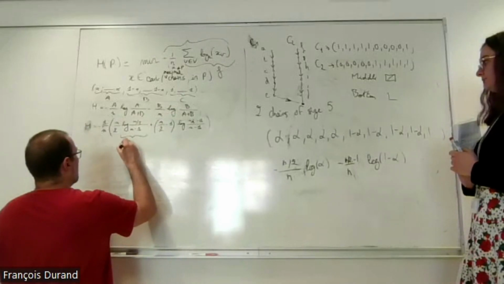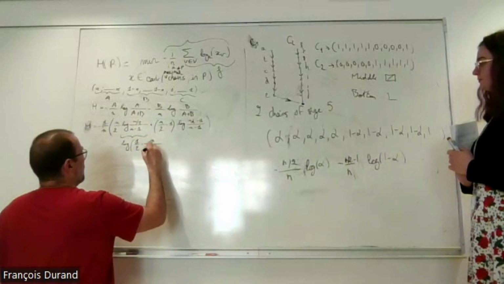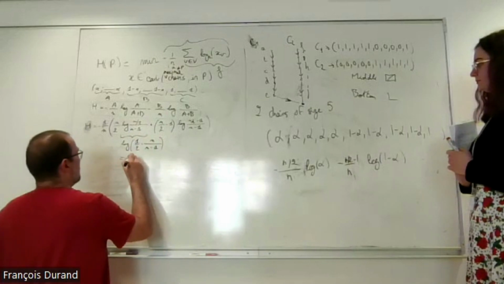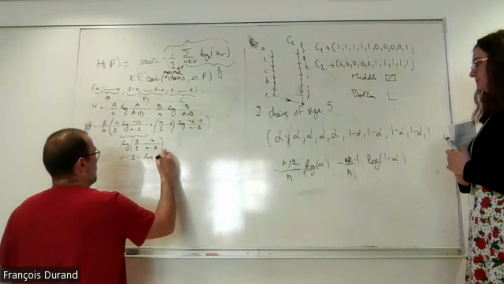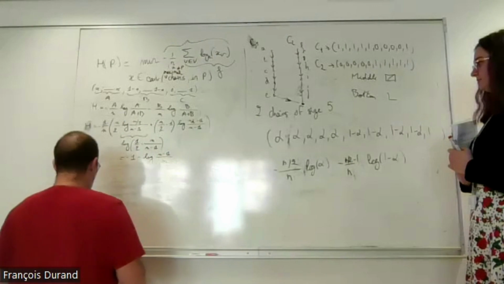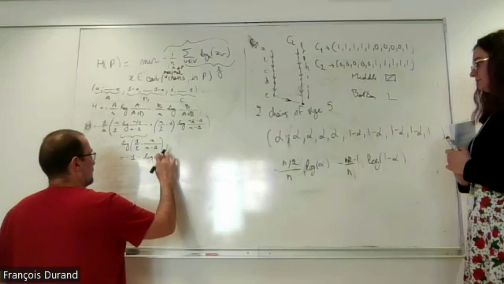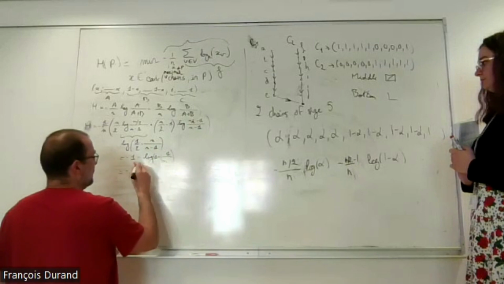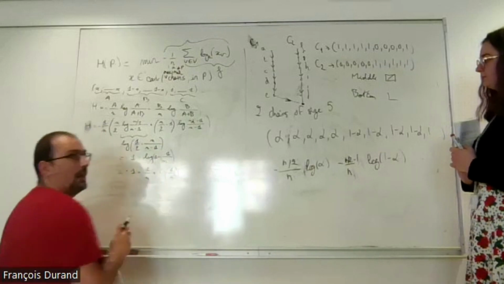For this one, we have something like log of 1/2 times n over n minus 1, which is equal to, so log of 1/2 is minus 1, minus log of n minus 1 over n, which is 1 minus 1 over n, and here it's minus 1 plus 1 over n plus big O of 1 over n squared.